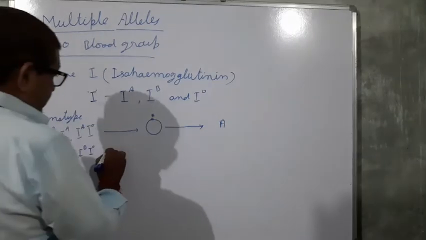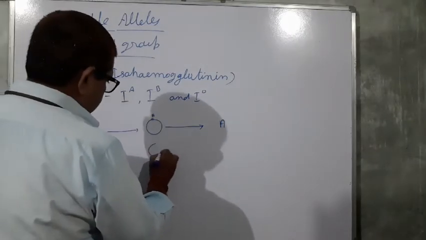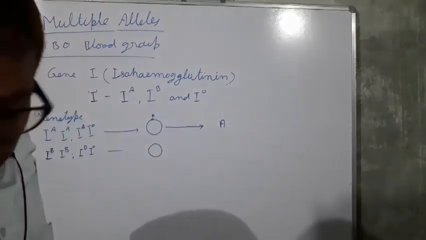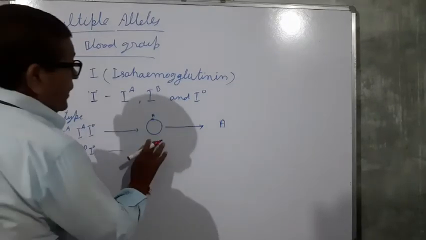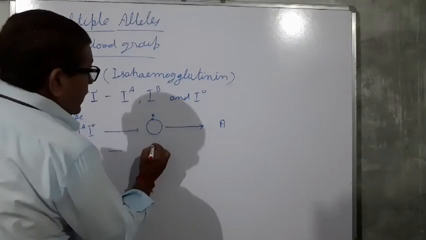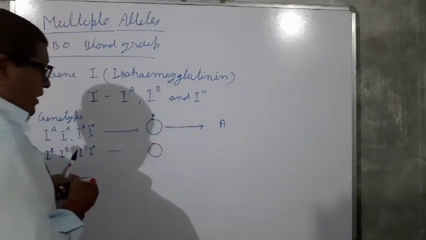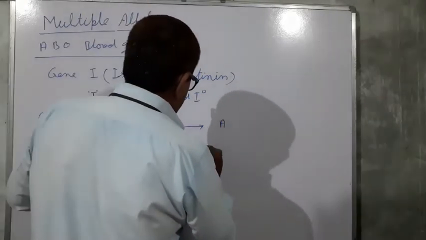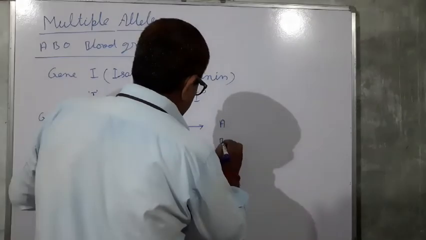In this situation, the RBC contain another type of antigen on the RBC, so that causes the blood group B.